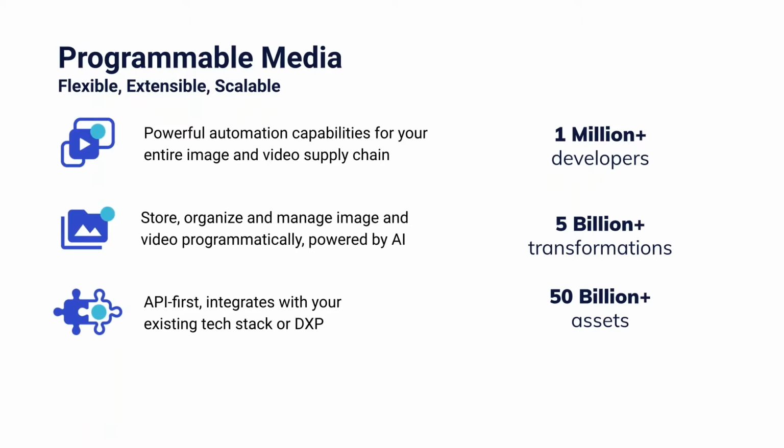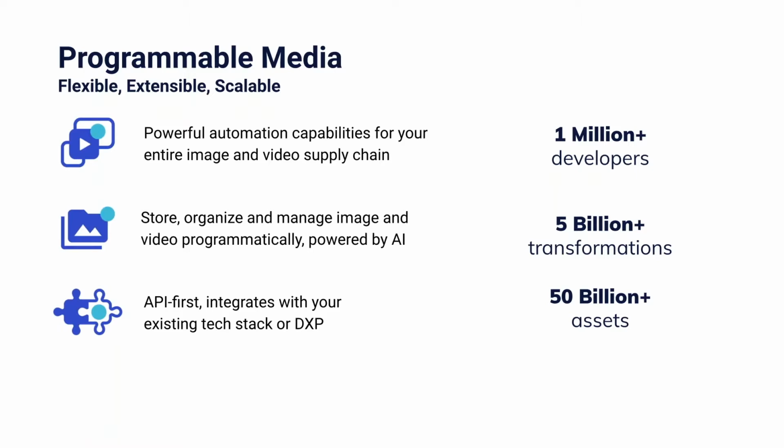dramatically reducing the publishing time. The second key capability that we offer is to help you store, organize, and manage the vast amount of images and videos in an intelligent way, powered by AI. Think about auto tagging, auto focusing on a certain object, content moderation for user-generated content, also known as UGC, which can be automated through our APIs.